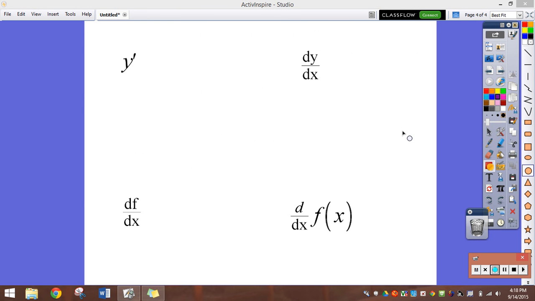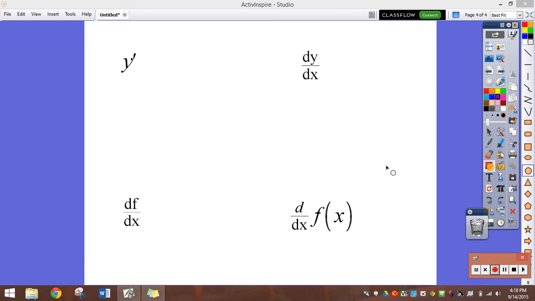The other item is just an informative piece where I just want to make you all aware of the different ways you may see the derivative notated. So what we have used so far is the prime notation, f prime of x. However, you may see it written other ways.